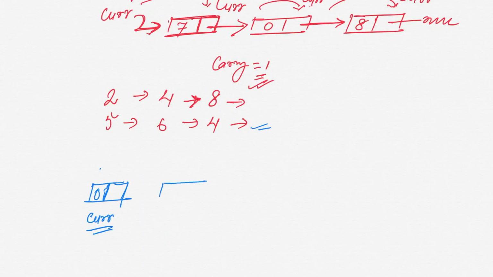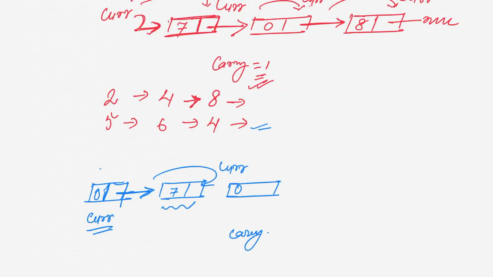Add 5 plus 2 is 7, create one new node and assign current dot next to 7, and then move the current pointer to current dot next. Now the second, 6 plus 4 equals 10. Here I will have one carry of 1. Then again point current dot next to the new node and move current here.